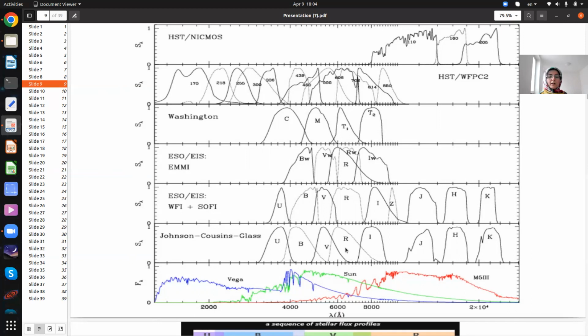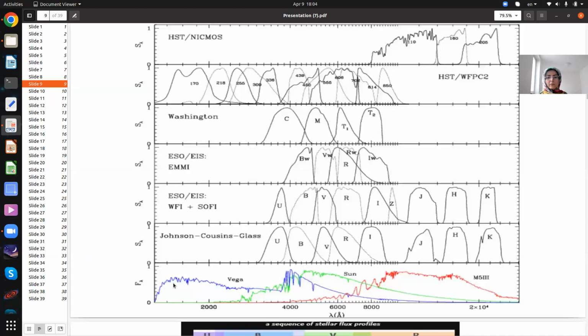As I told you, we have around 200 photometric systems. We see which one has the H alpha line, and then we can choose it. For example, you see that Washington, ISO, Johnson, and Hubble Space Telescope have this kind of filter for H alpha.